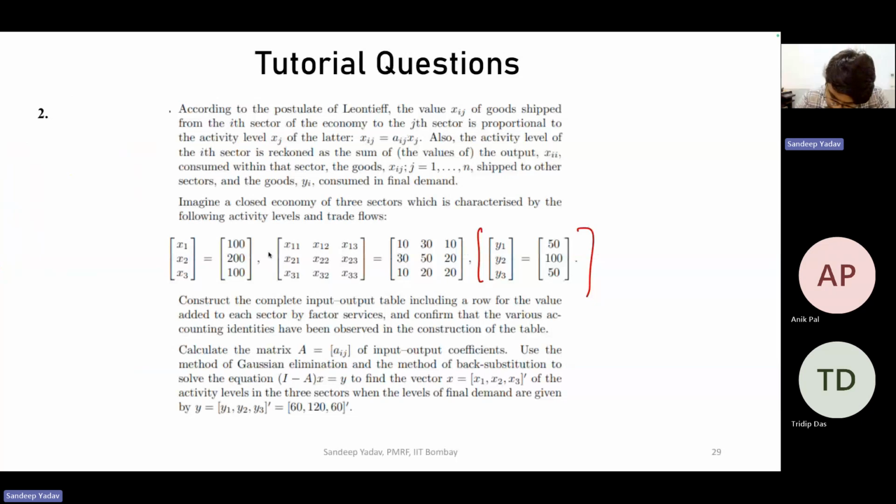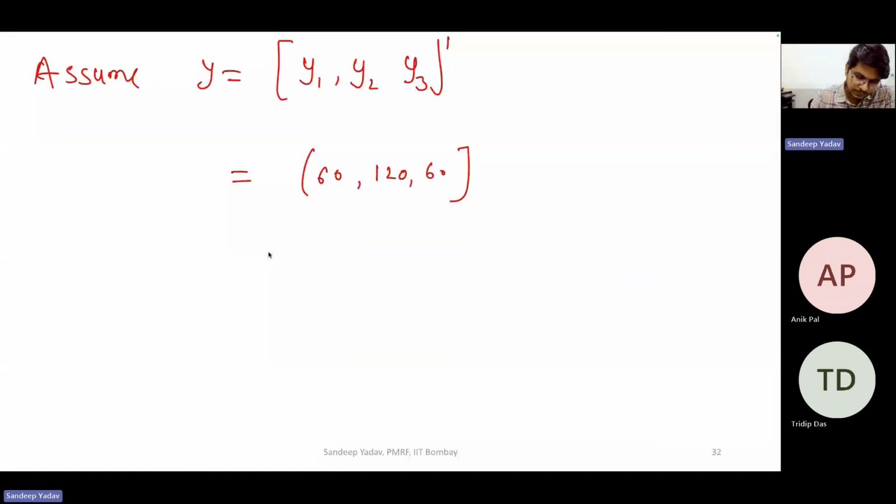In the question itself it's written that we have to assume that, which is why we're assuming it.